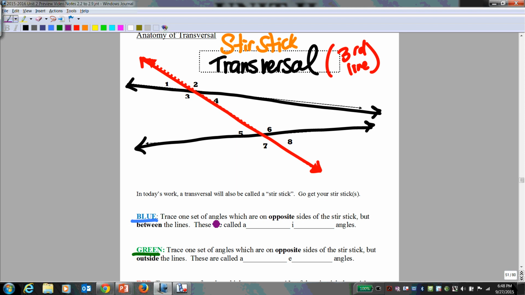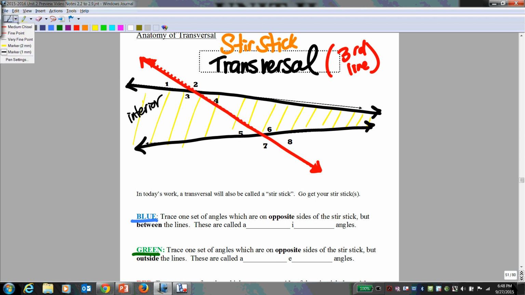We're going to trace one set of angles which are on opposite sides of the stir stick, but still between the lines. I'd like you to very lightly shade the space between the lines. Just very lightly shade it. That's what we're going to be calling interior, between the lines. Okay, you ready?